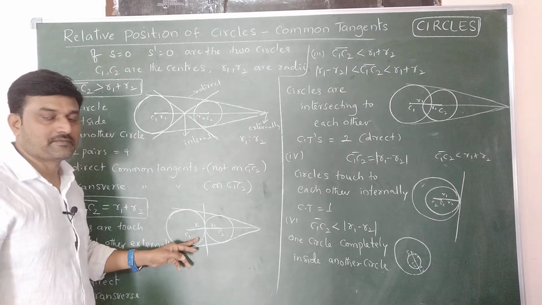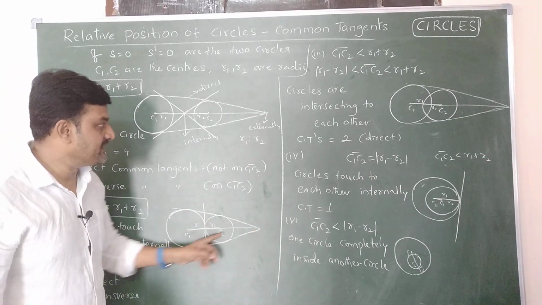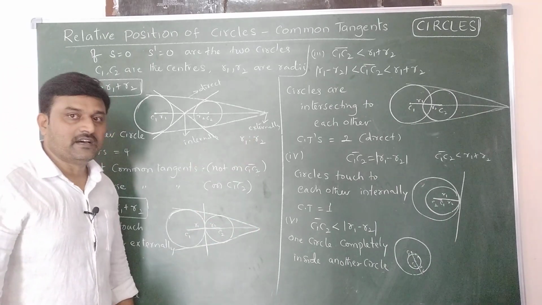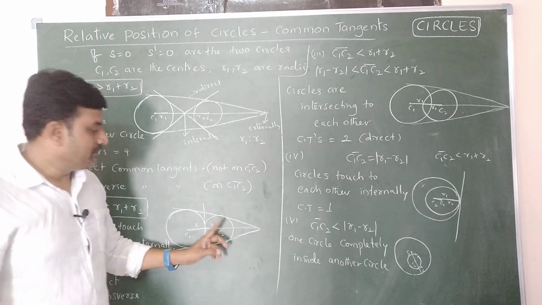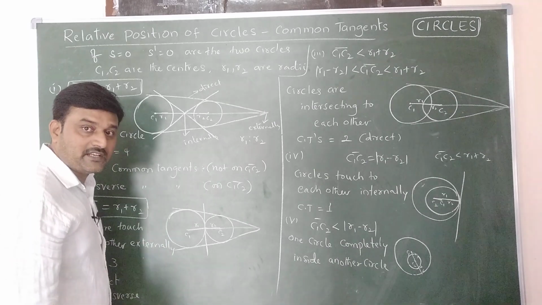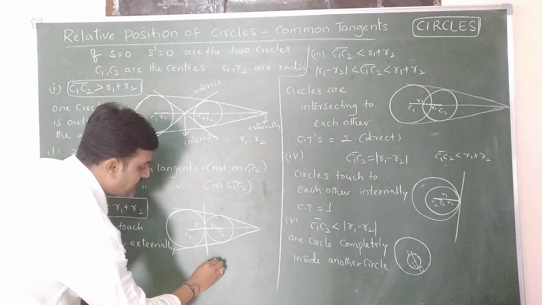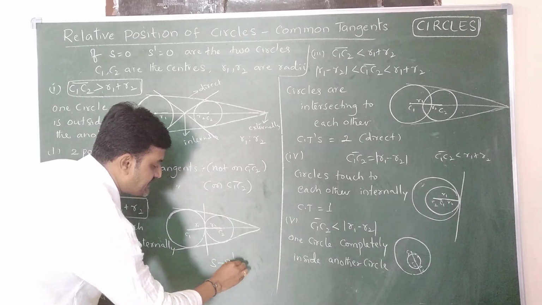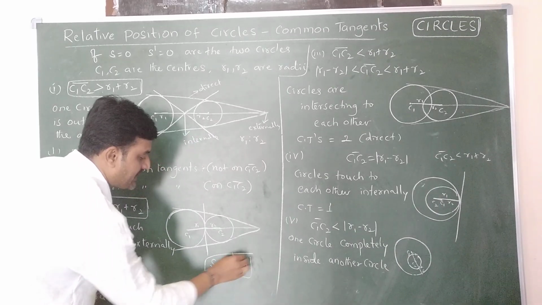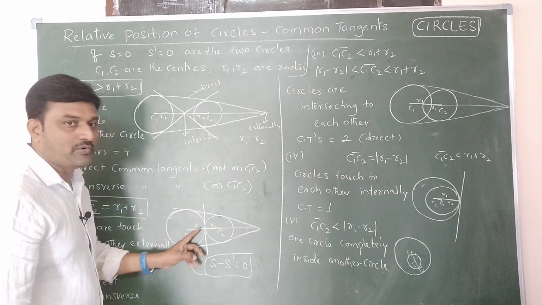Here also we can solve direct common tangents by the ratio method. But when there is only one common tangent, we just take the equation S minus S dash equals 0, then we get the common tangent of both circles.